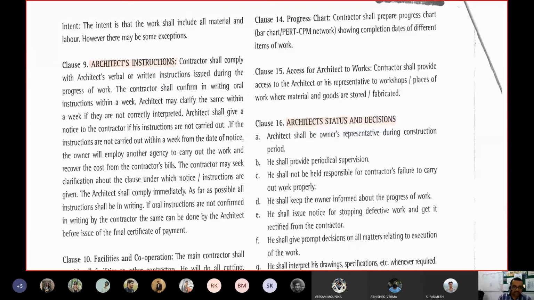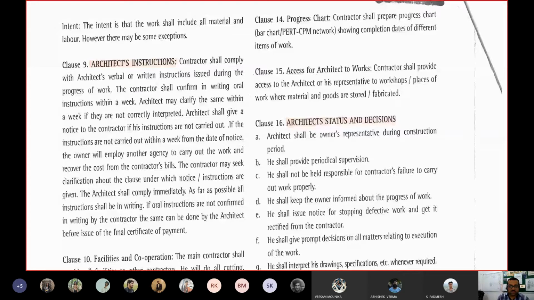Samples and shop drawing. This is something which we just discussed a while back: any material or fittings for which you need a sample shall be provided or submitted by the contractor within 60 days of the work order. For example, say today the contract is being signed and from tomorrow a work order is issued for the contractor to start working.